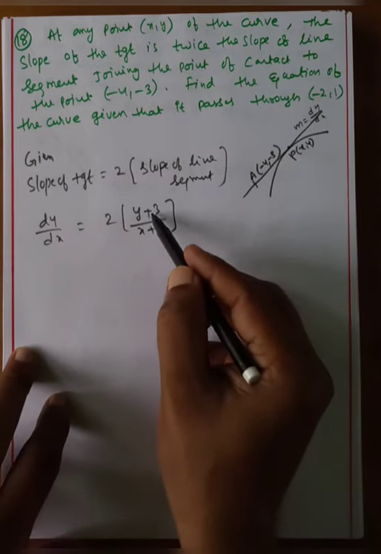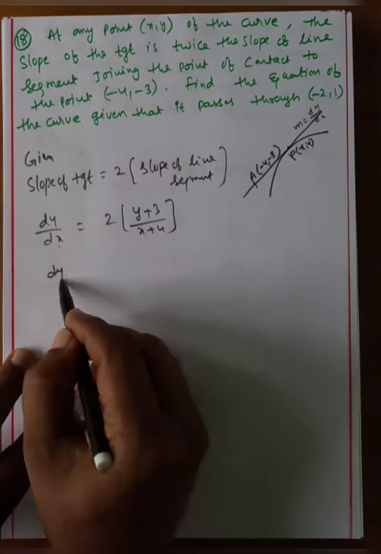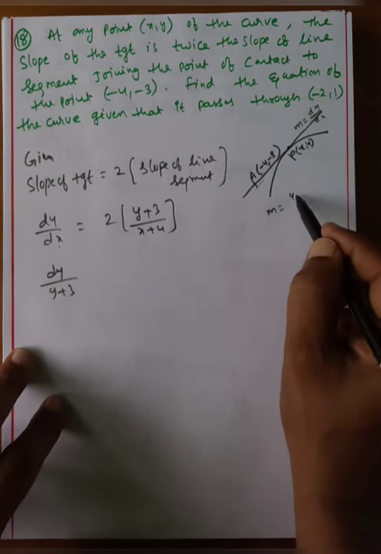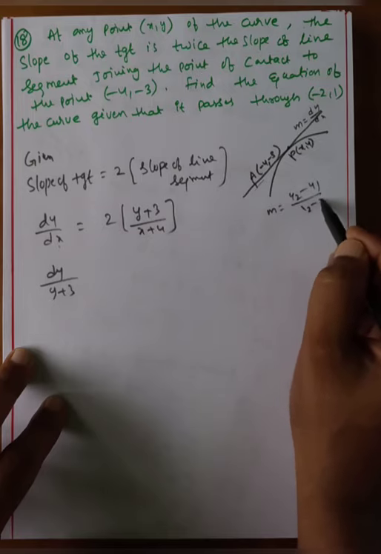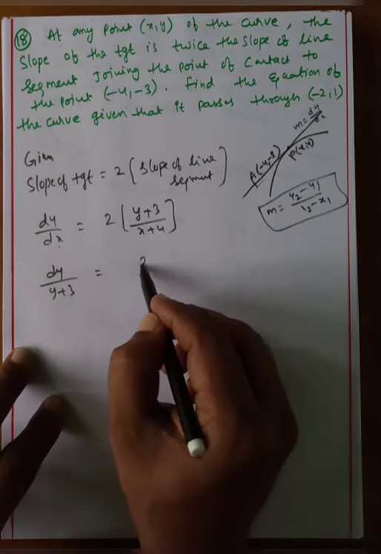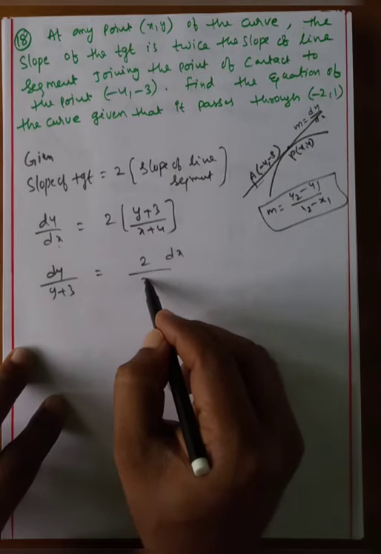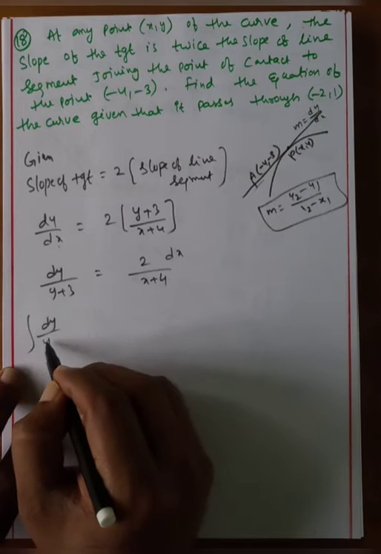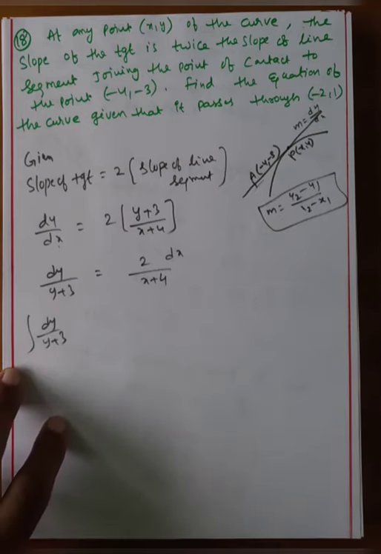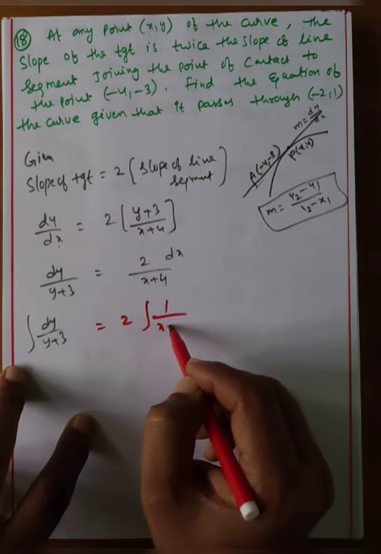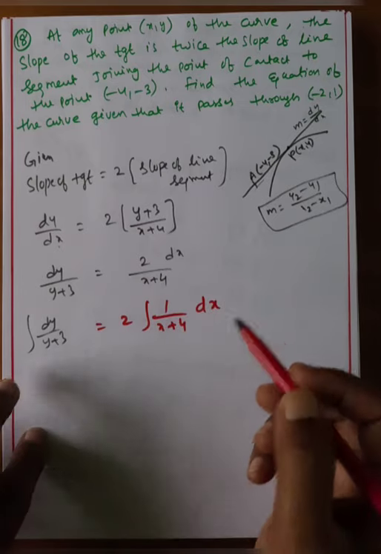Now y plus 3 this side, dx this side. dy by y plus 3 is equal to 2 dx by x plus 4. Now integration on both sides. Integral of dy by y plus 3 is equal to 2 times the integral of 1 by x plus 4 dx.